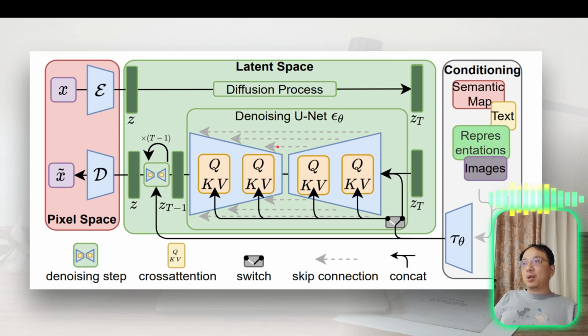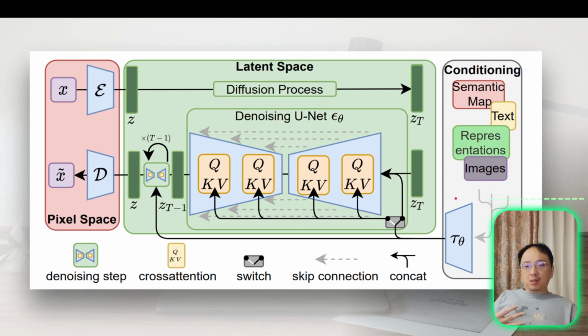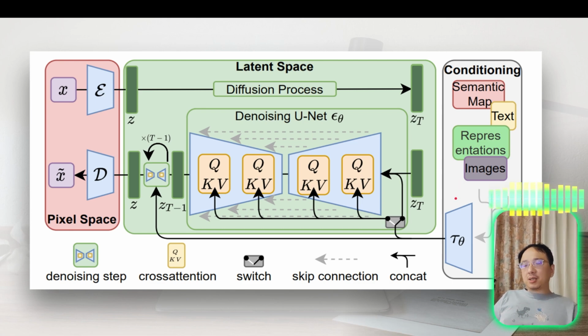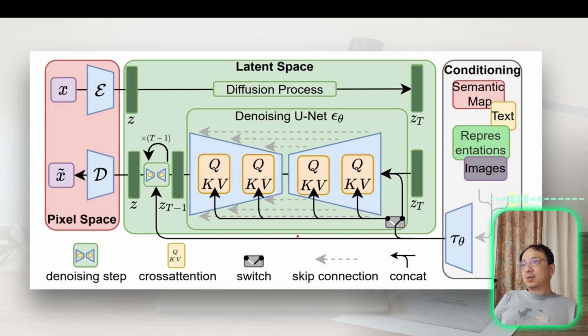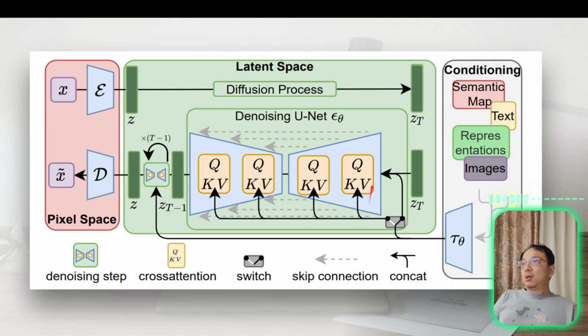It is using an attention UNet architecture. And finally, it has a text encoder that can encode the text into some conditional encoding. We use the classifier-free guidance method to use this condition to guide the image generation.